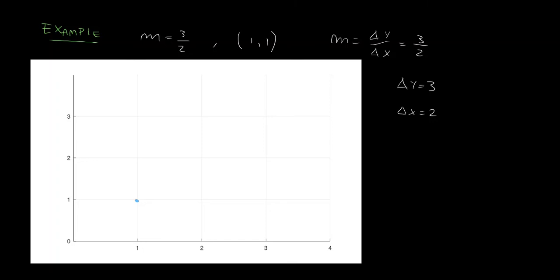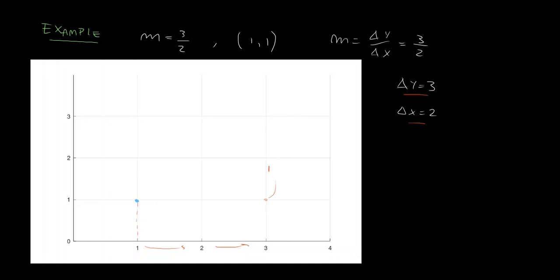So delta y is 3 and delta x is 2. So what we have to do is, from our point, we have to move 2 units in the direction of x. So here we are in the number 1, we move 1 unit, 2 units, and we end up in the number 3. And now we have to move 3 units in the y direction.